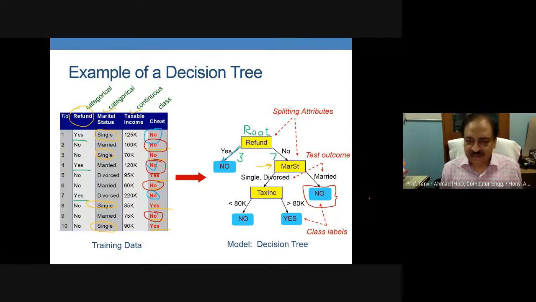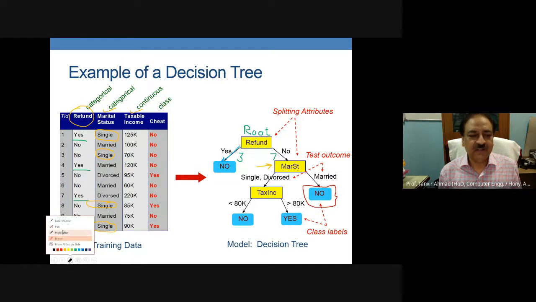But if I take single and divorced, it is not going to give a pure partition. You can very well see over here that it is not going to generate a pure partition. Now let us try to check it out. Now you see for divorce, this is yes.